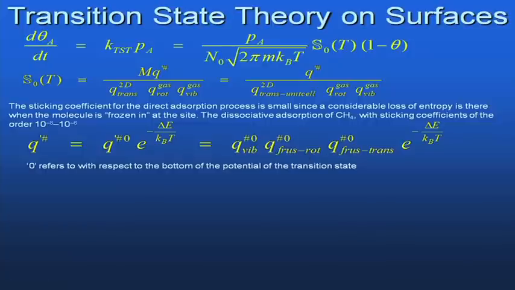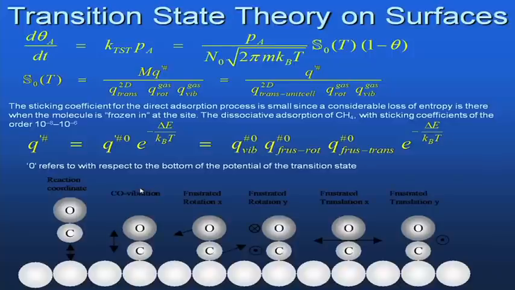These are all arising out of the internal modes, into exponential energy term. Now this 0 refers to the bottom of the potential of the transition state. So this is the reaction coordinate. This is the reaction coordinate.